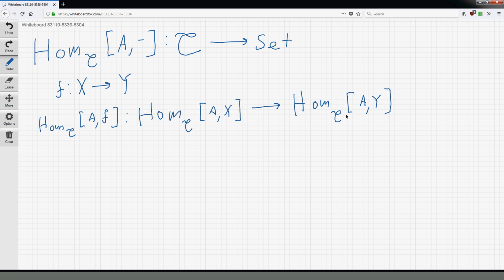You just compose it with f, and you get a function from A to y. Pretty simple, right? And as you might imagine, if we fix the second argument in our expression instead of the first, you get a contravariant functor.